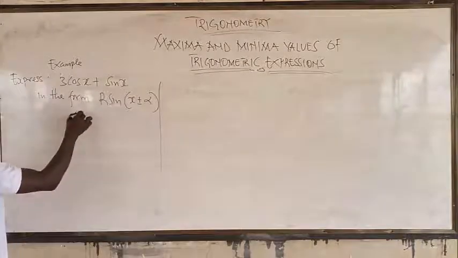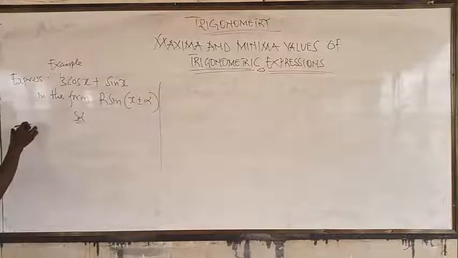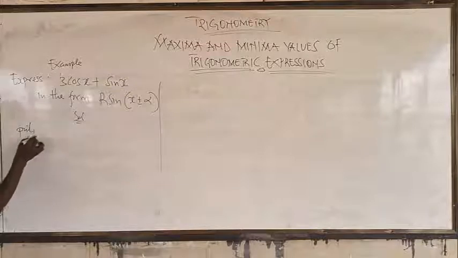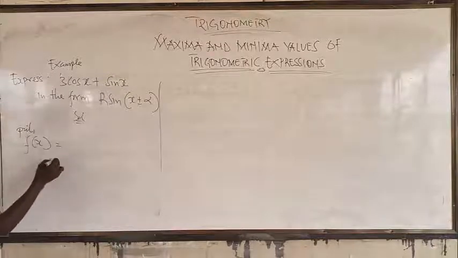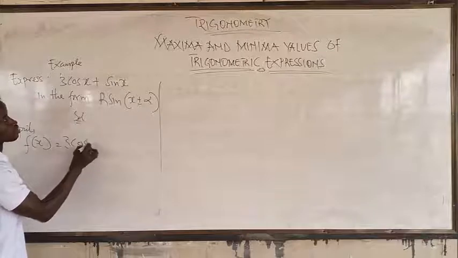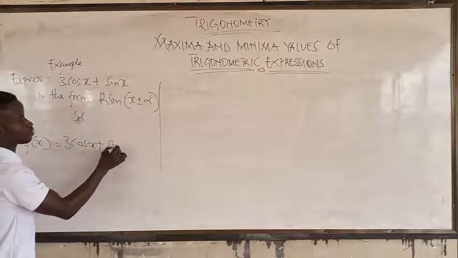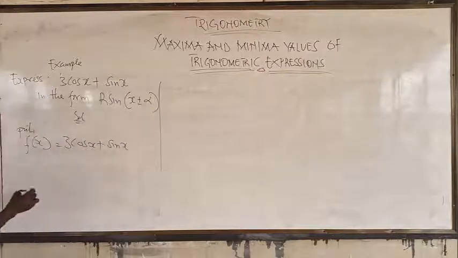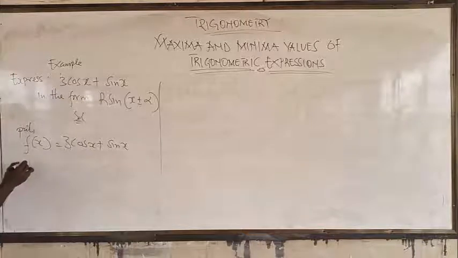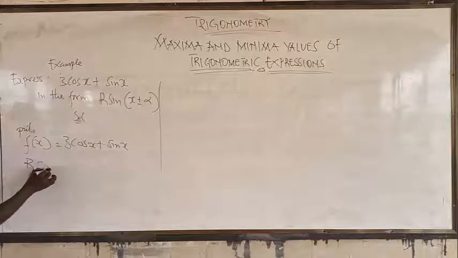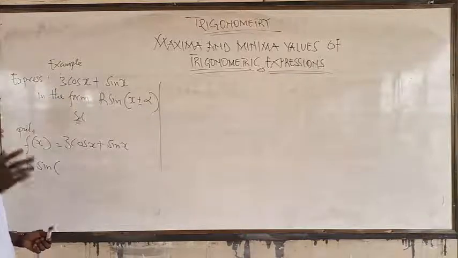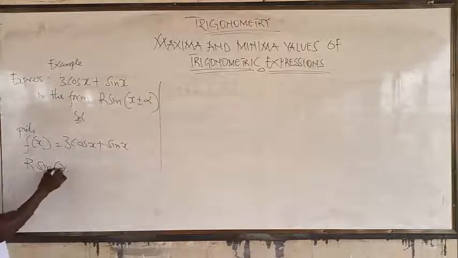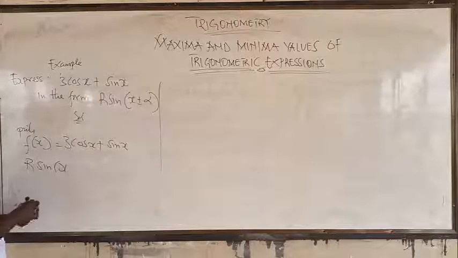Now let's go. We start to put f of x to be equal to 3 cos x plus sin x. Then that means that we can equate. Okay, are we to go for minus or plus? So now watch.